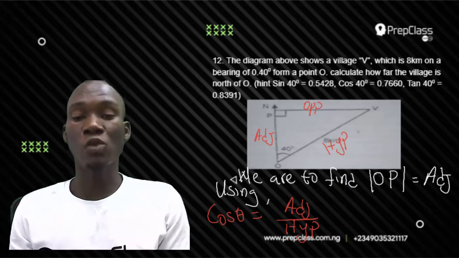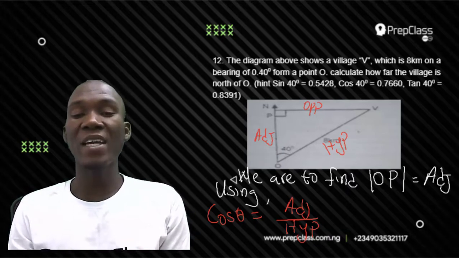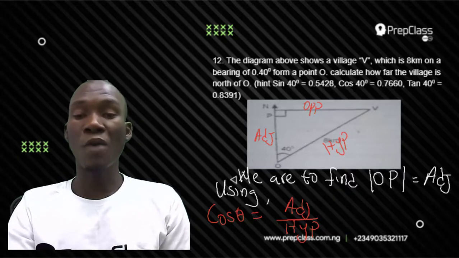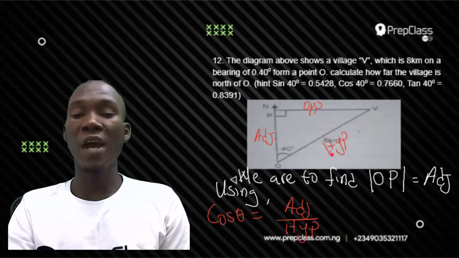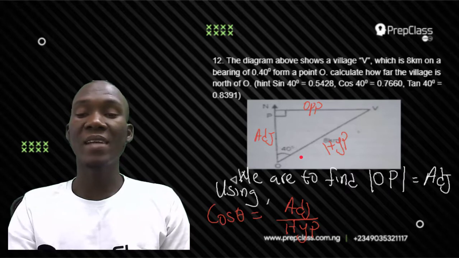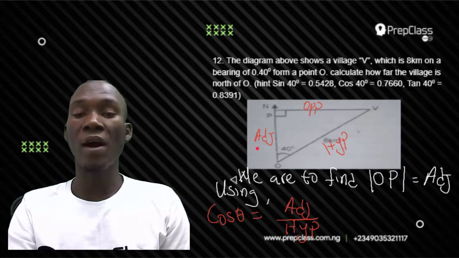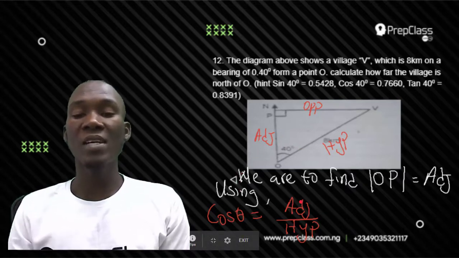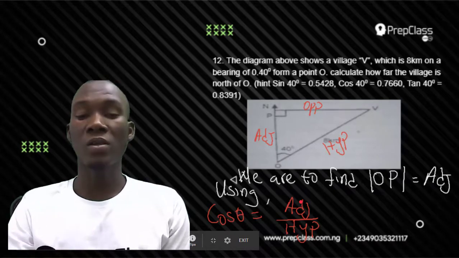So using SOHCAHTOA, we can use that to identify if you are going to use sine, cosine, or tangent. Now we have SOHCAHTOA, that is sine is equals to opposite over hypotenuse, cos is equals to adjacent over hypotenuse, and tan is equals to opposite over adjacent. So with this, because we have the hypotenuse and we are looking for adjacent, we are going to use cos theta equals adjacent over hypotenuse.